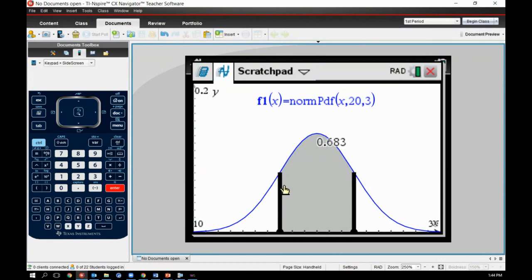Your lower limit, what does it say? Let's do this one. 14. Just type 14 and hit enter. And then upper, it says 26. That's fine.